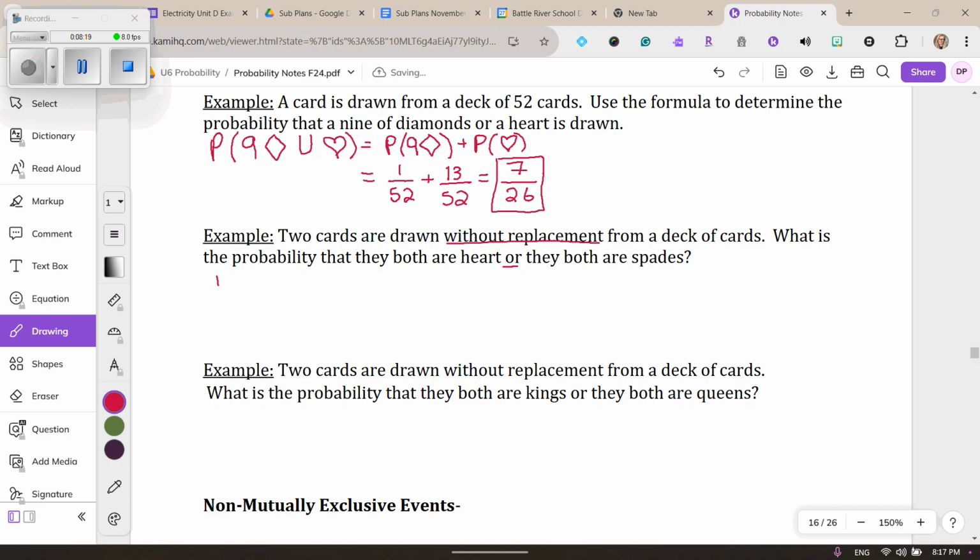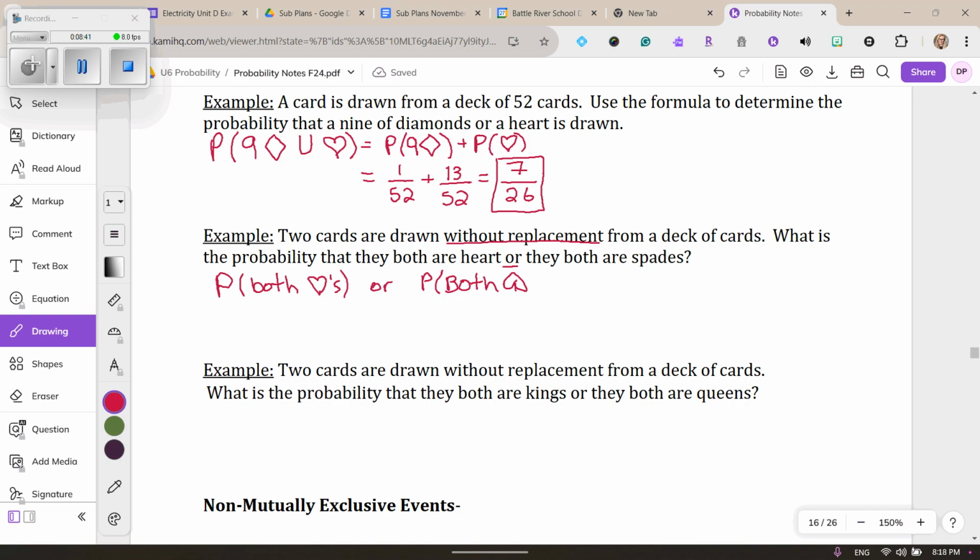So we're looking for the probability that they are both hearts or the probability that they are both spades.